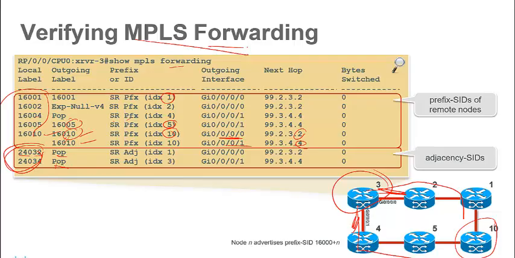Without segment routing, we used to see a small number as a label. But for segment routing, 16,000 to 23,999, 8,000 labels are reserved. And for adjacent SIG-ID, it starts from 24,000 onwards. Any question on this page?